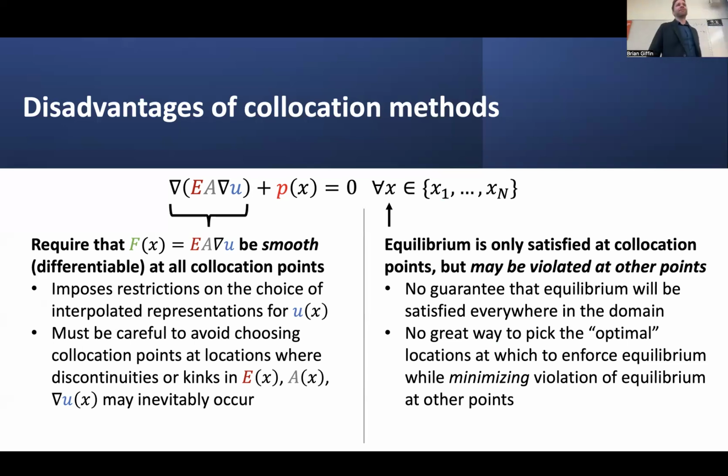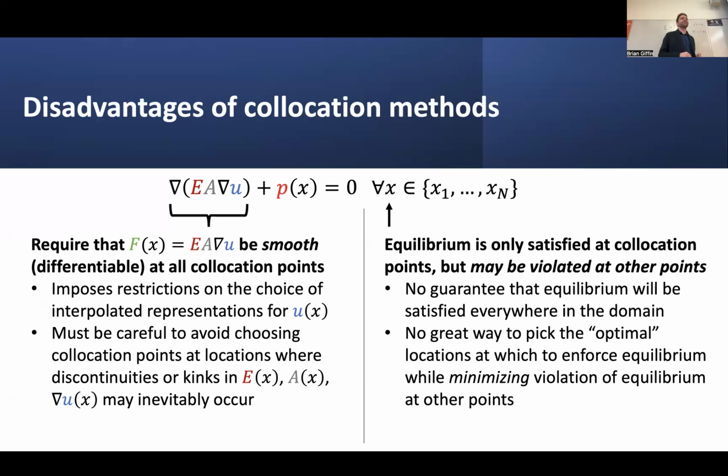Is it possible that if we chose only a discrete number of points, let's say x1 through xn, at which we're going to exactly enforce these equilibrium constraints, at some intermediate points between, say, xn and xn minus 1, there's a point where we really egregiously violate this particular condition? In other words, we're not really equally weighting all these different points.